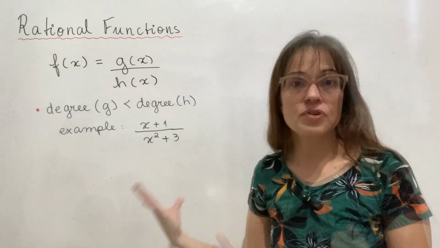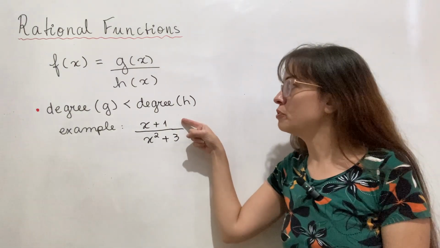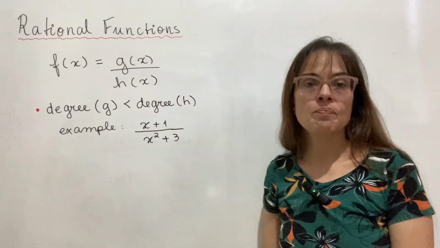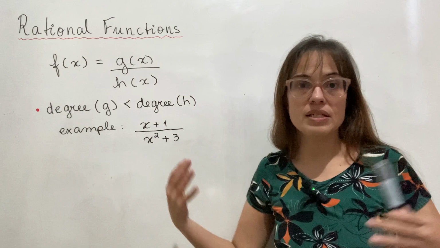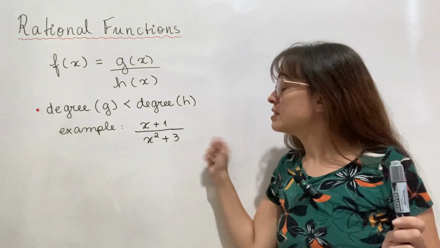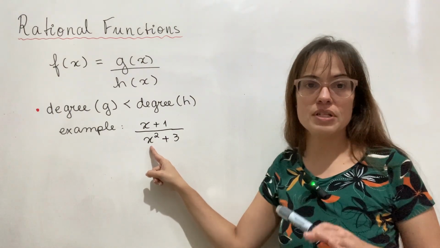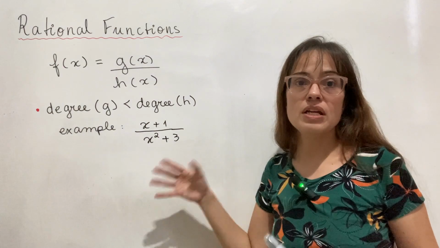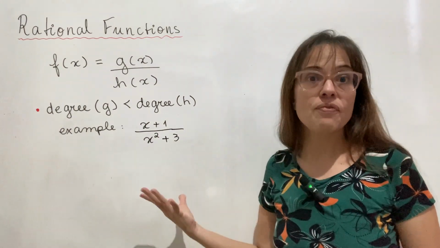to each other. The first case that I want to look at is what happens when the degree of the numerator is less than the degree of the denominator, like this one. And still we have to think about what's going to happen when x is a very large number. In such cases, because the degree in the denominator is bigger than the degree in the numerator, the denominator is growing larger as x gets larger a lot faster.